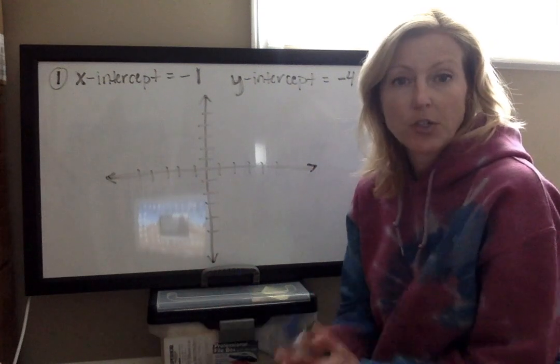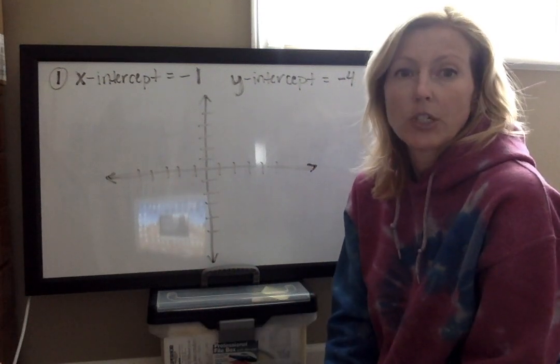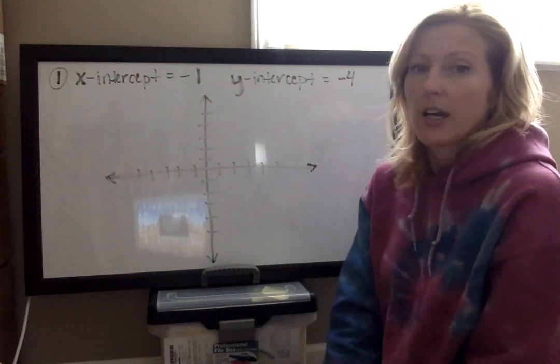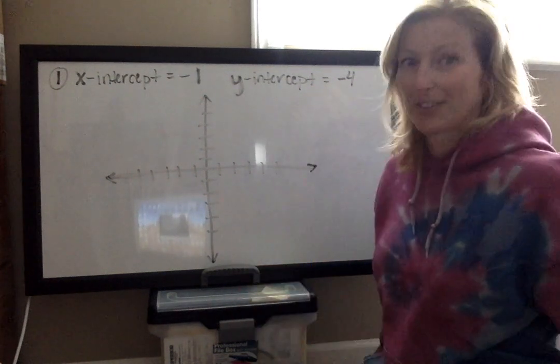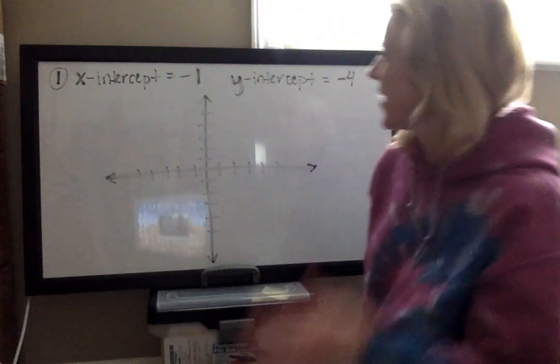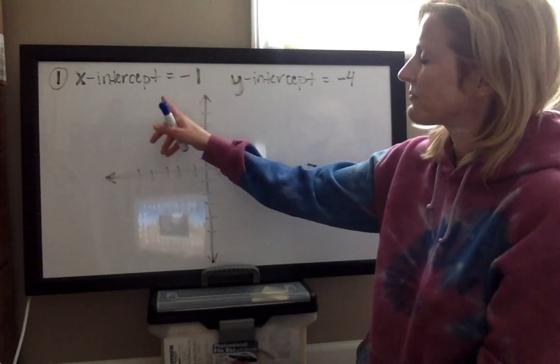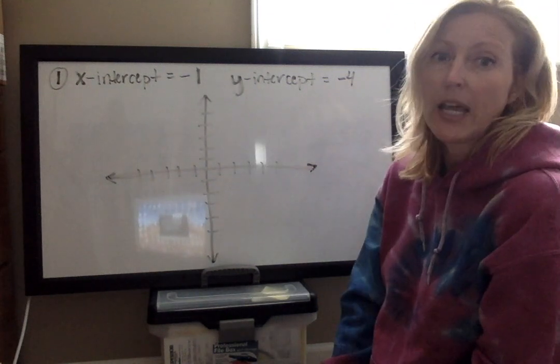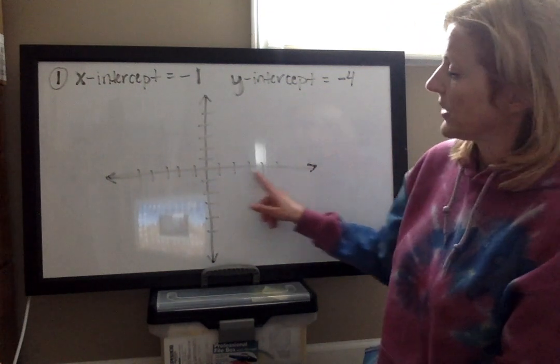So you have to graph those and create a line, and then write them in ordered pair form. So you have to do 2 things, but both will be pretty easy.